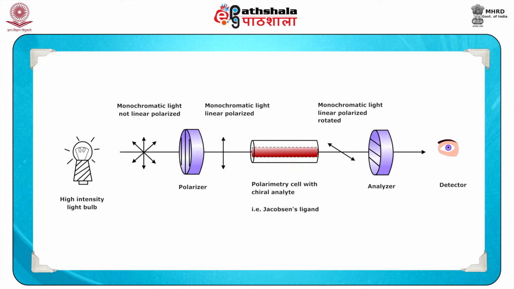The absorption of plane polarized light by a chiral molecule or a solution of it is then recorded by an analyzer, which is another polarizer. The angle at which the transmitted intensity is maximal is the observed rotation in degrees, alpha lambda.